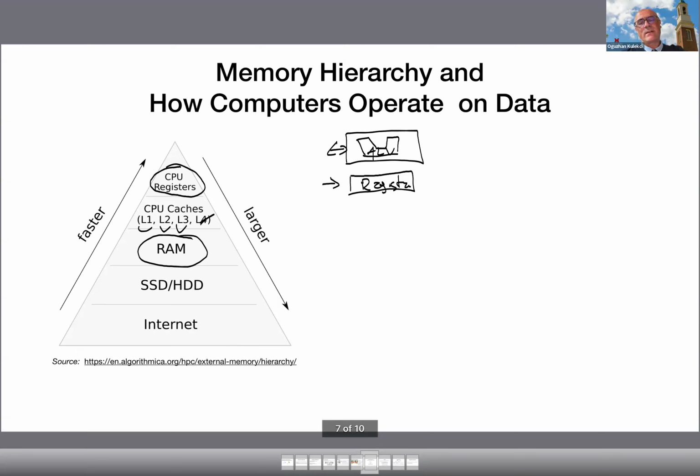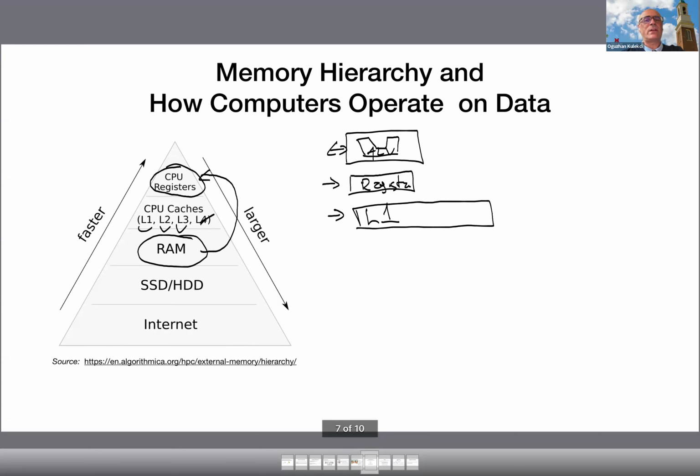What if the data that you will operate on is not ready in the registers? Then it should be moved from the random access memory, RAM, to those registers. It happens this way. If it is not in the registers, the computer goes to the L1 cache, which is a bit larger than the registers, and asks, do you have this data ready for me?